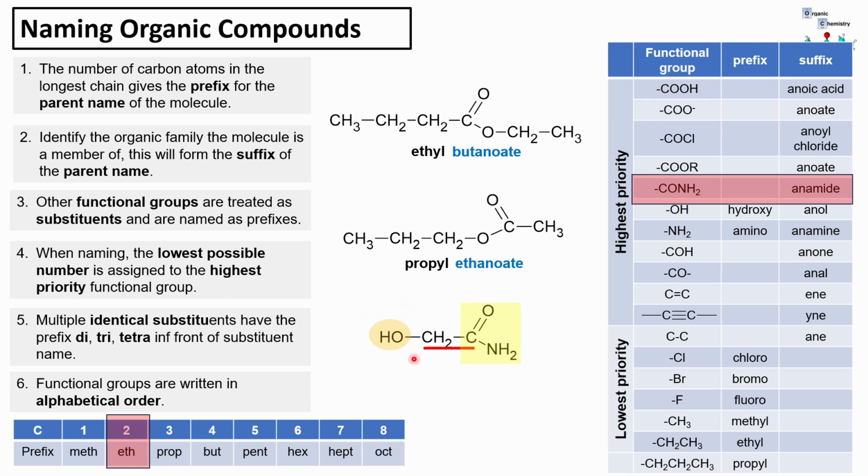We would normally call it an alcohol if it was just by itself, -ol, but here we're going to call it hydroxy and put it as a prefix at the start, and we have to give its number. So we have ethanamide for the amide part of the molecule, and we have the hydroxy coming off the second carbon, so this is 2-hydroxyethanamide.